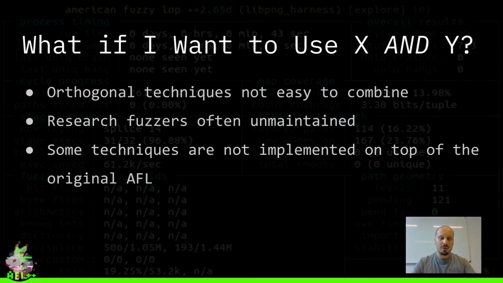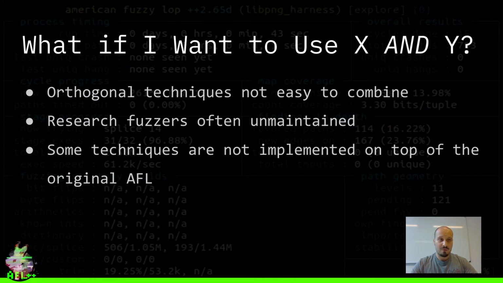But from the point of view of a security researcher, the combination of these techniques is not trivial, it's a huge problem, because typically these new techniques are implemented by forking AFL or another fuzzer, and so they are developed orthogonally, and they are not easily combinable without a huge effort in development.